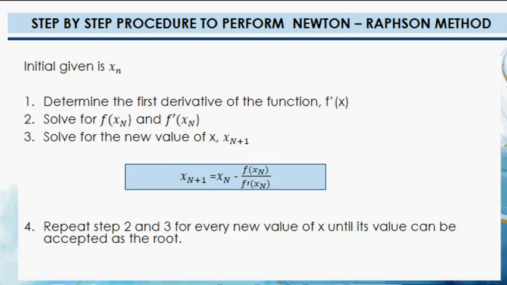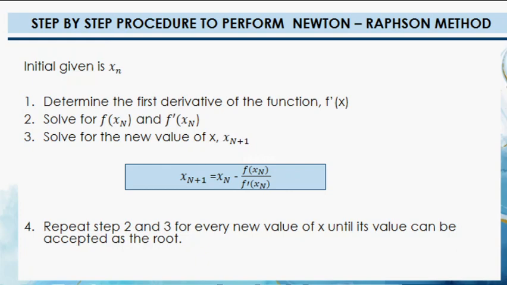Pagkayari nun, solve for f of x sub n and f prime of x sub n. Pagkayari, solve for the new value of x, x sub n plus 1. So, ito yung formula natin para makapag-solve tayo ng value ng x sub n plus 1. Pagkayari nun, repeat lang natin yung step 2 and 3 for every new value of x until its value can be accepted as the root. So, parang mas simple na yung procedure dito sa ating Newton-Raphson method.